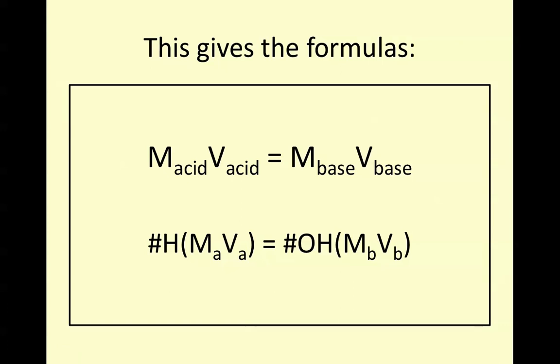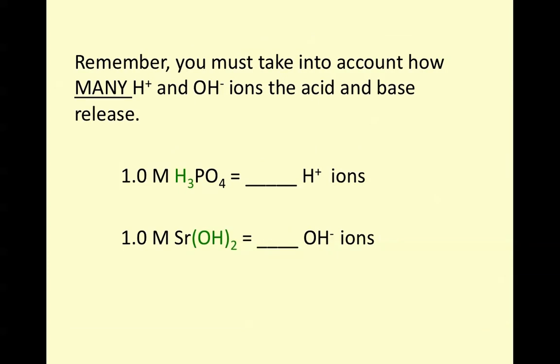Now, it's very important that, yes, this top formula is in our reference tables. However, this is really the formula that we need to be using when we calculate, because we have to take into account the number of hydrogen ions and the number of hydroxide ions that the acid and base have, because that's going to change the number of moles in solution. So we have to take into account the number of hydrogens and hydroxides.